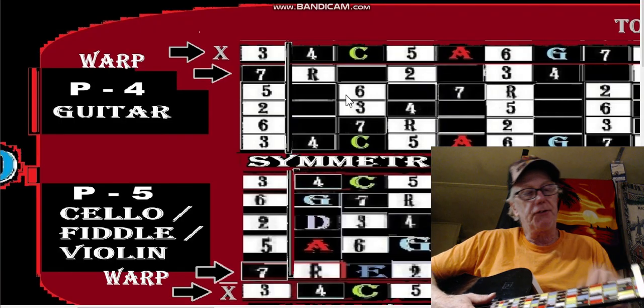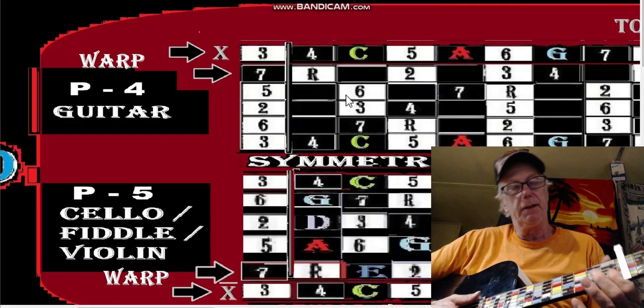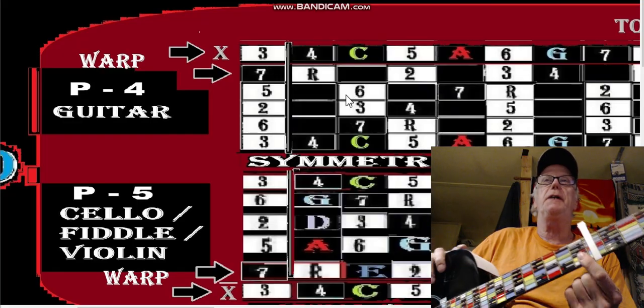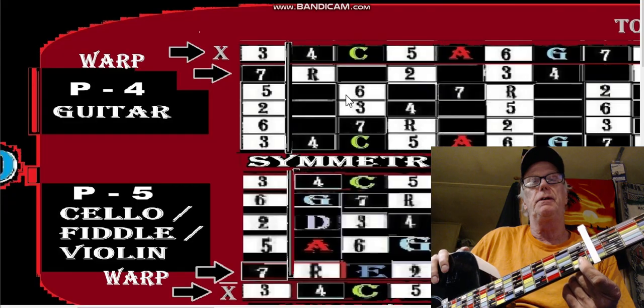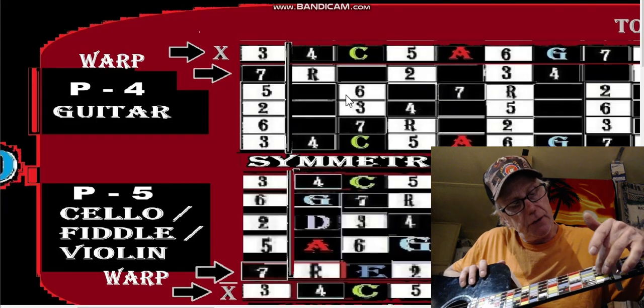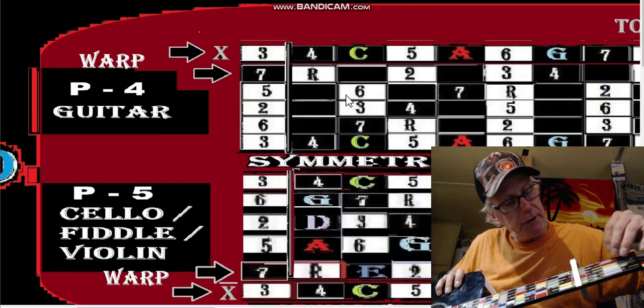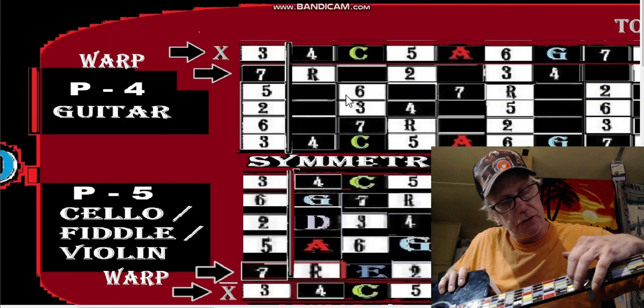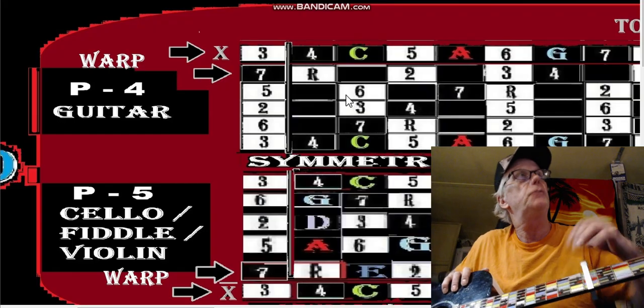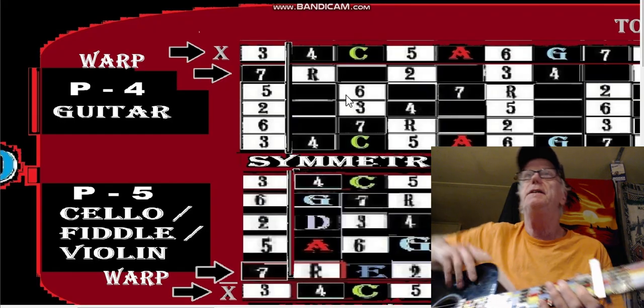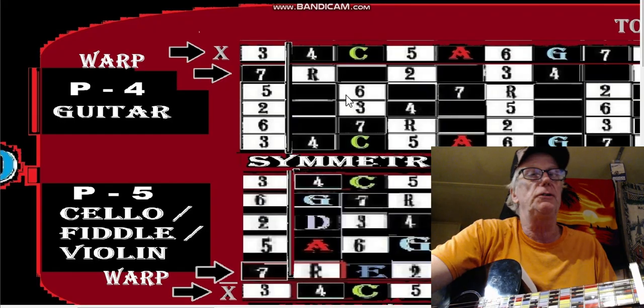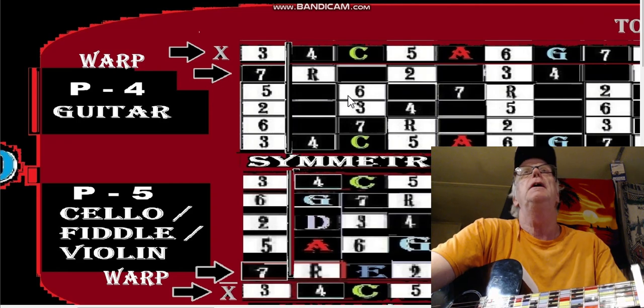Okay, that's unwarped. Alright, so the reason why I had to press these notes here is because of the tuning third, the way that this is tuned. It's only a third in between the G string and the B string, so we have to raise it up to keep our P4 patterns working for us.